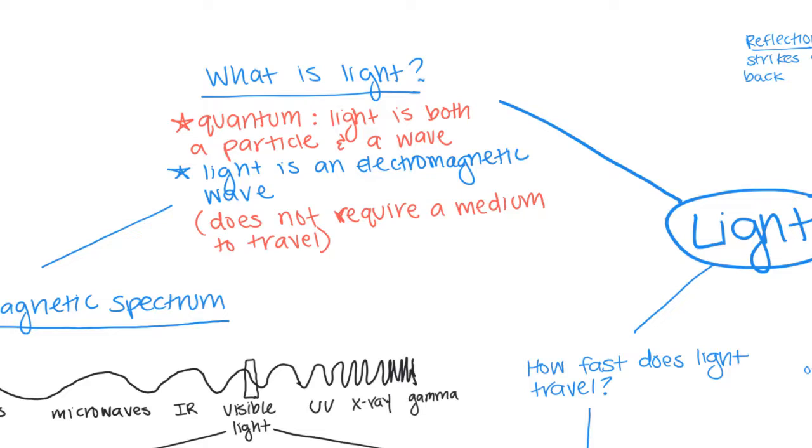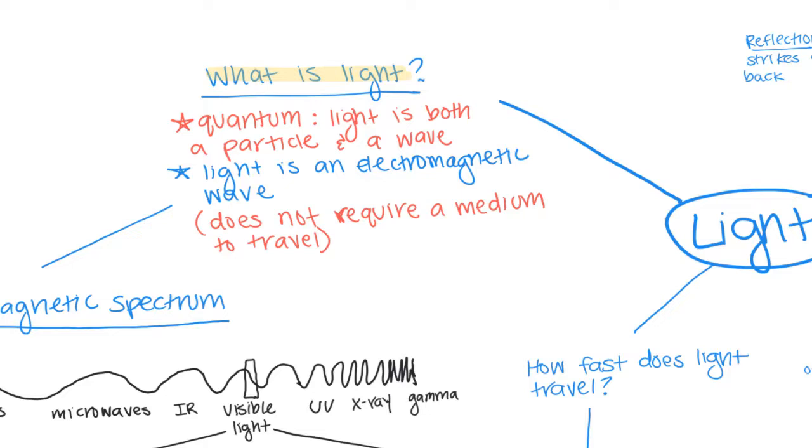So in this video, we are going to be talking about light and referring to light as a wave, as an example of a wave. But later this year, we will talk about the quantum theory of light, which explains that light is both a particle and a wave. Now, I don't want to blow your minds just yet, so we are, again, just talking about light's wave-like behavior in this video.